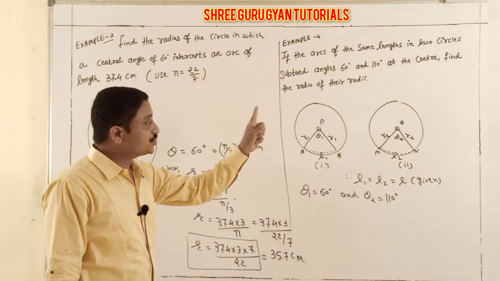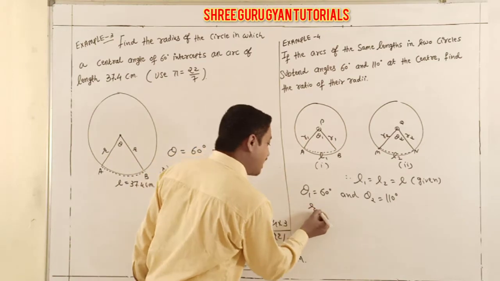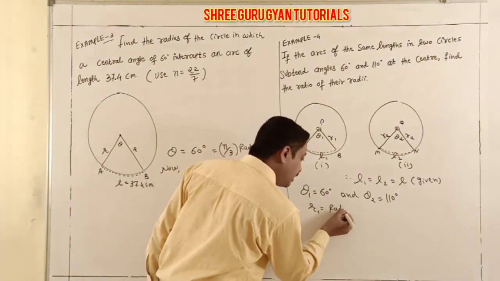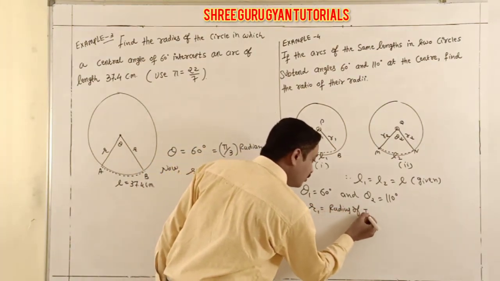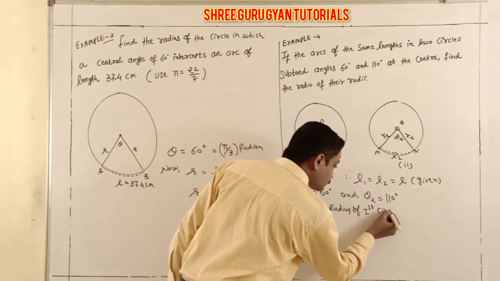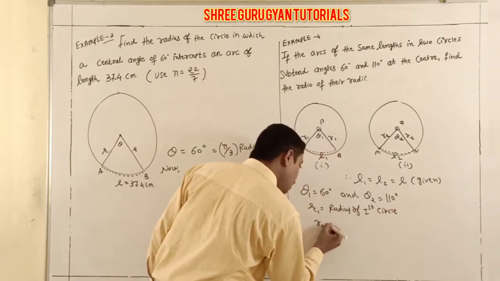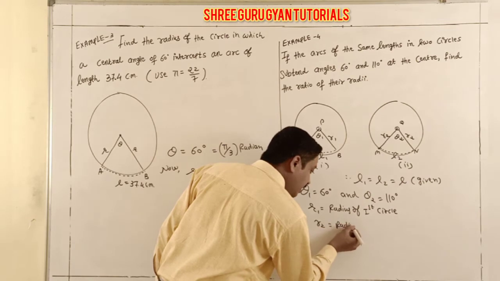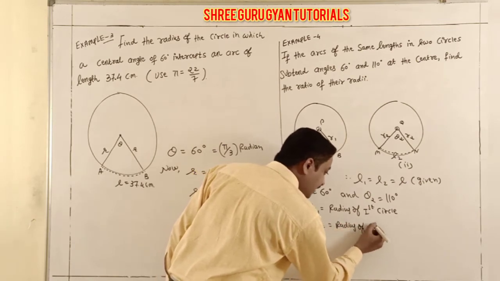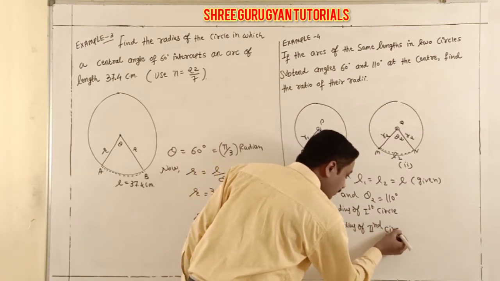Now, the ratio of the radii. I am taking R1 as the radius of the first circle, and R2 as the radius of the second circle.